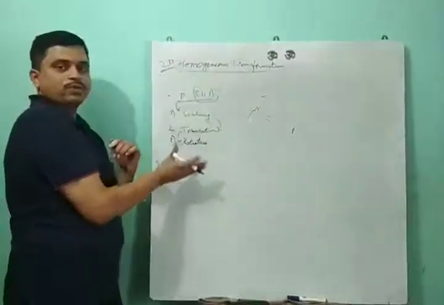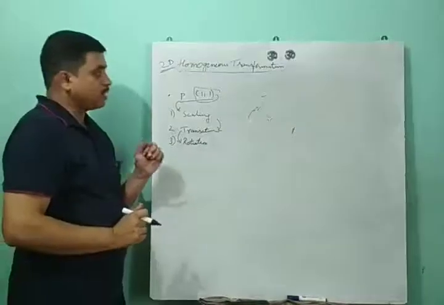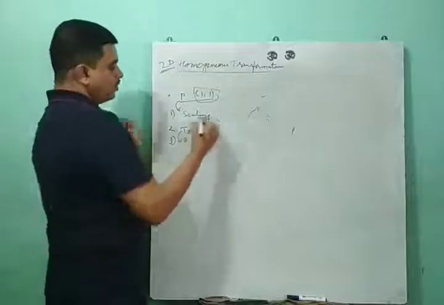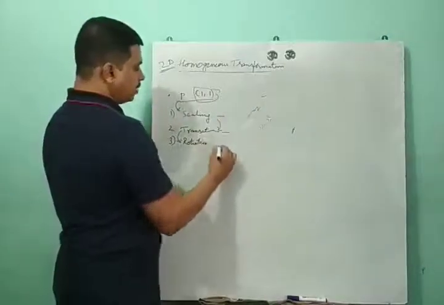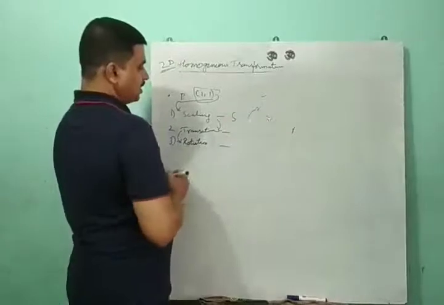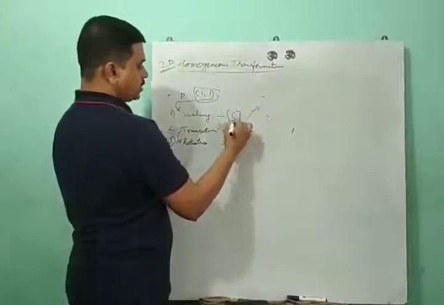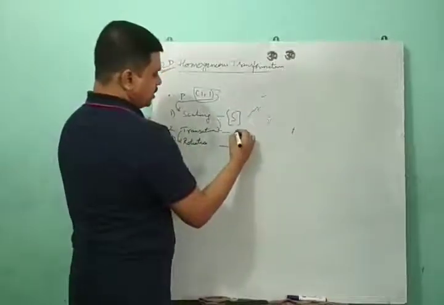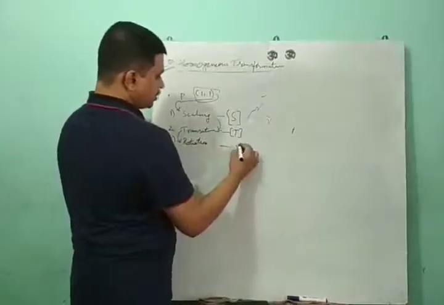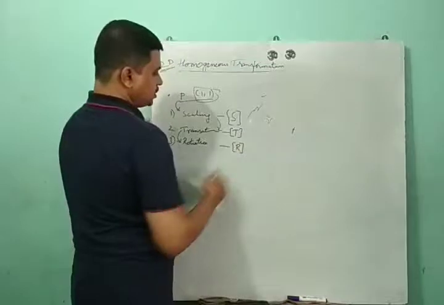But in concatenation of operations, we combine all the operations. For example, the scaling is represented as the S matrix, the translation matrix is represented as the T matrix, and the rotation matrix is represented as the R matrix.